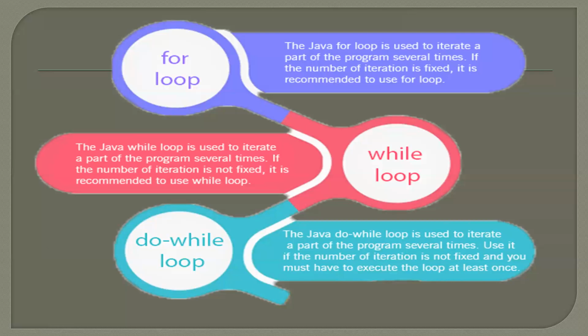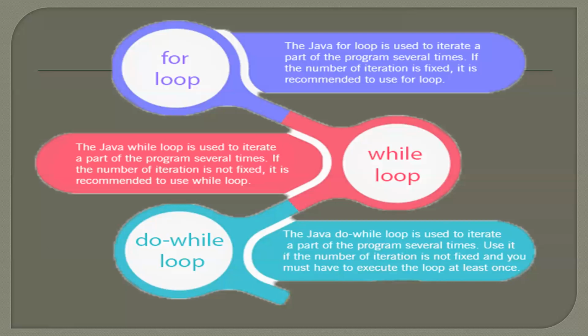And then do while loop. The Java do while loop is also used to iterate a part of a program several times. Use it if the number of iterations is not fixed and you must execute the loop at least once. There may be some situations where I want to print ECE at least one time, and if anyone is interested, they can print it any number of times.